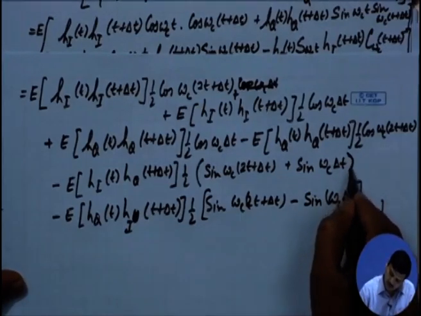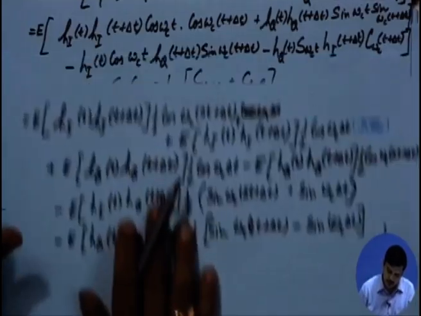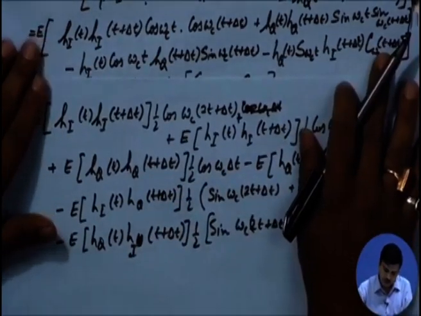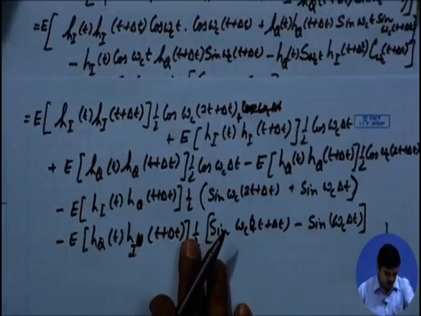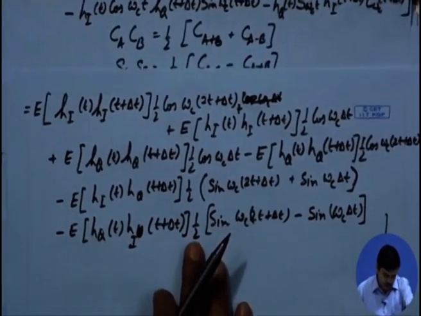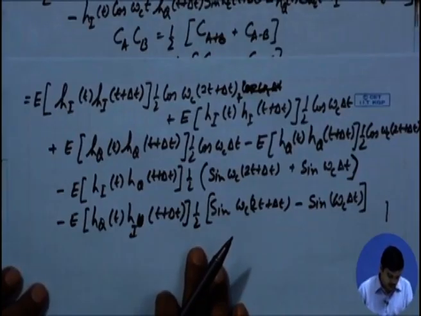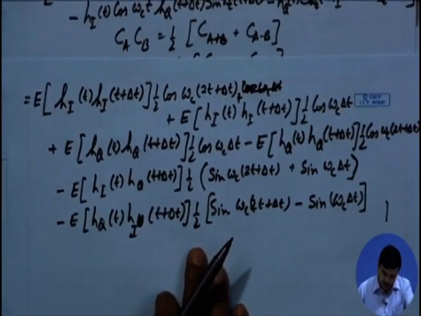So with this we have been able to capture all the components of the product of this particular line that are there. They would open up into these, and then we could collect all the terms which are together.